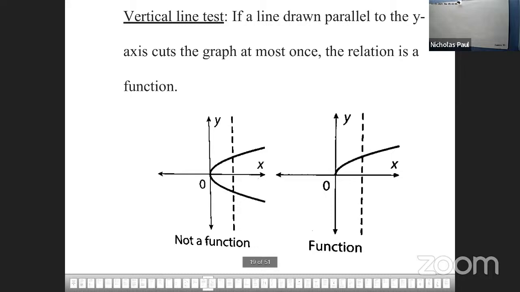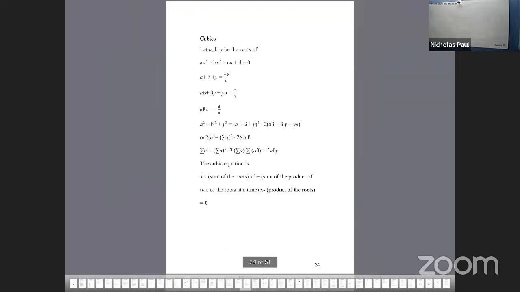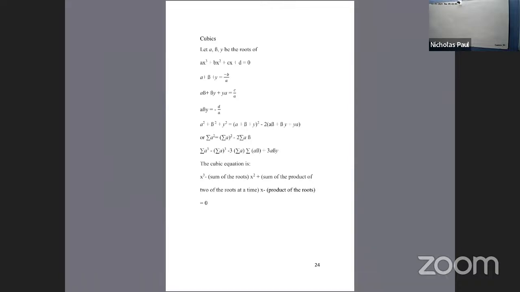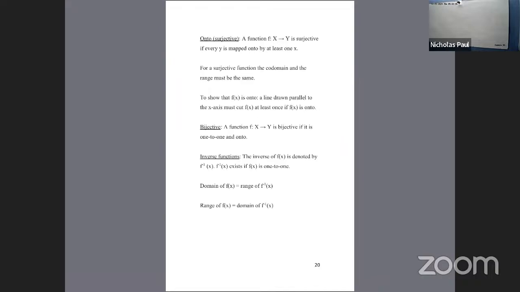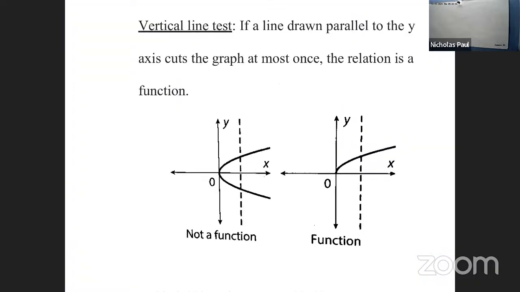Now, because you write something with a nice little formula like this, this is a function, right? Not every little formula or algebraic expression is actually a function. So what we have to do is a sketch, and then do a test.